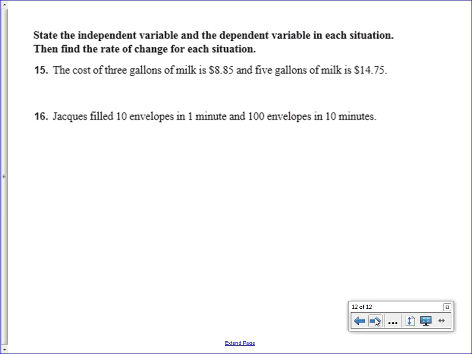Last one. Just want to work on independent, dependent here. You can find the rate of change as well, but the cost of 3 gallons is $8.85, 5 gallons is $14.75. So independent, dependent.